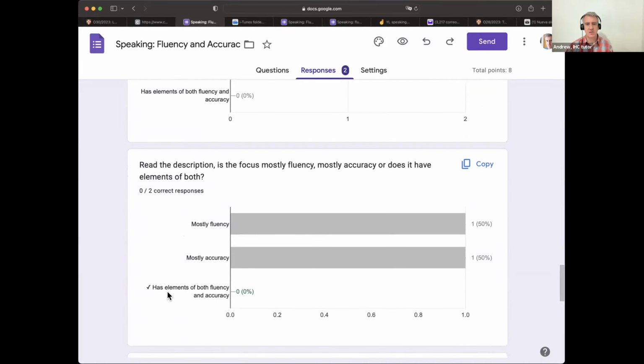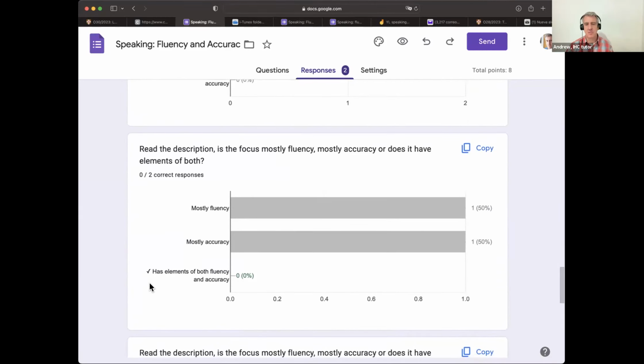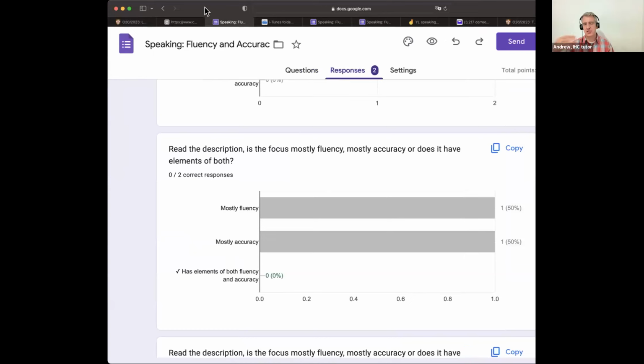The answer here is has elements of both fluency and accuracy. Why? Because although the students are exchanging information, you can make it more focused on accuracy by controlling the questions that they use, or specifying the language that they could use.